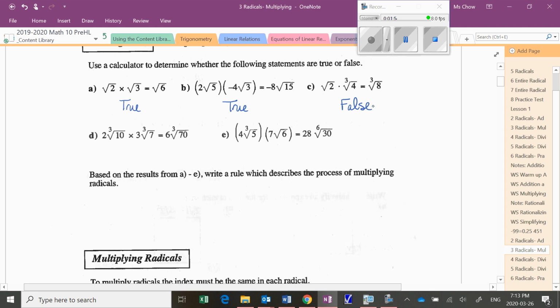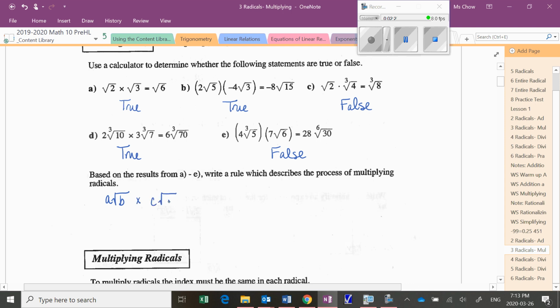That is false. 2 times the cube root of 10 times 3 times the cube root of 7 is in fact 6 times the cube root of 70, so that is also true. And for e, 4 cube root 5 times 7 root 6 is not equal to 28 times the 6th root of 30.